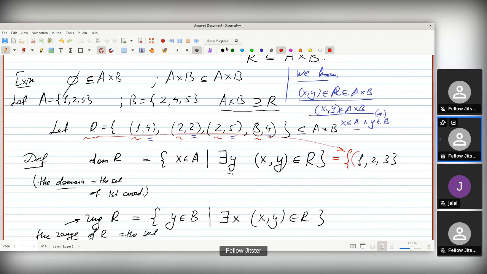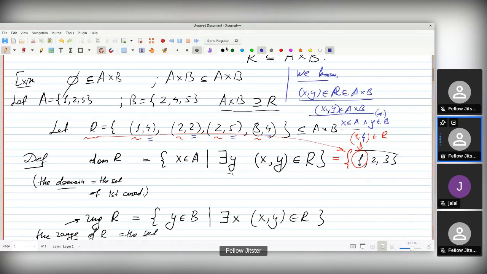Why does 1 belong to the domain? Because there exists something, namely 4, because it follows from the fact that 1, 4 belongs to R, so there exists some Y, namely 4, such that 1, 4 belongs to R. Hence, 1 belongs to the domain.